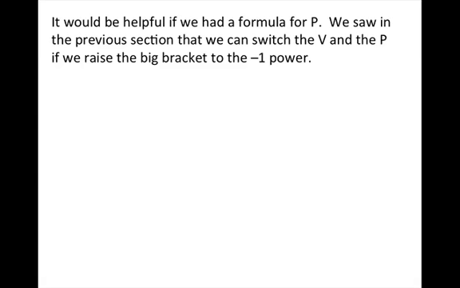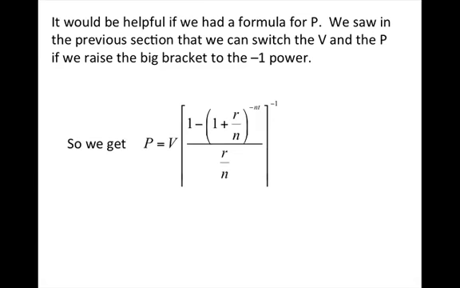I'm not going to change the exponent of the NT. It's the very outside exponent that I'm changing the sign of. So our formula to solve for P is P equals V times 1 minus 1 plus R over N to the negative NT divided by R over N, and all of that is raised to the negative 1 power.